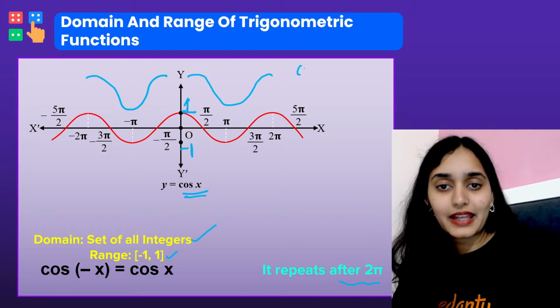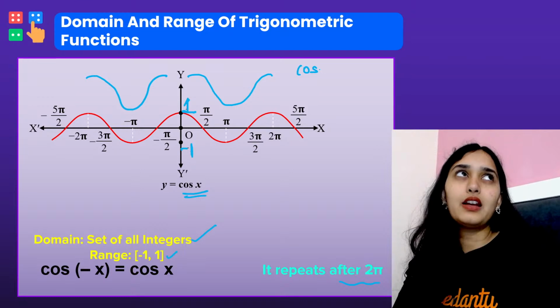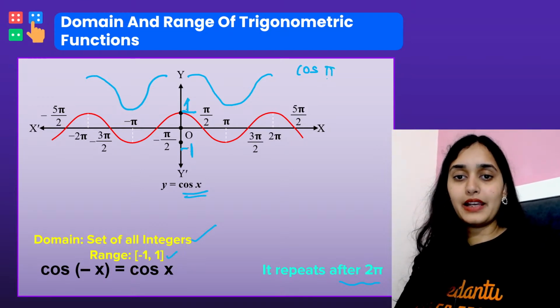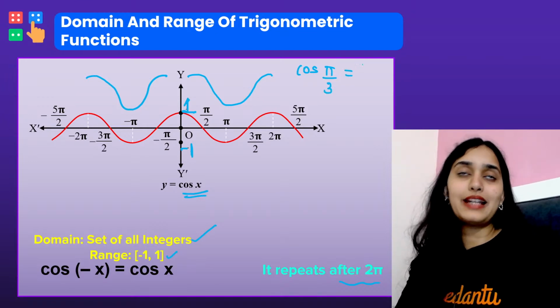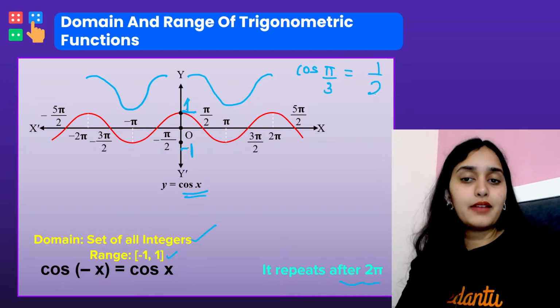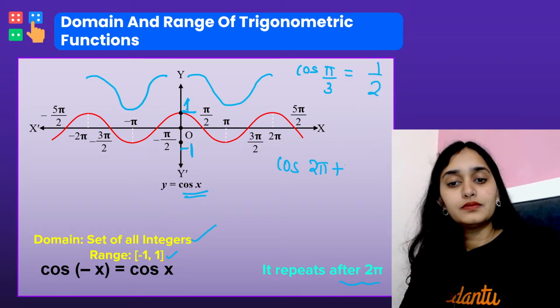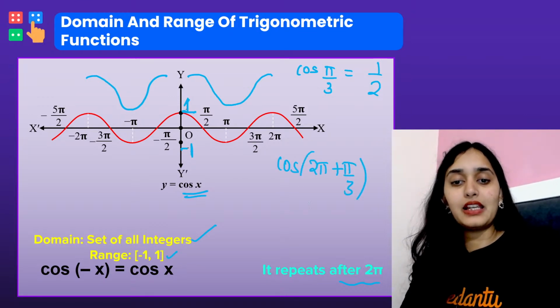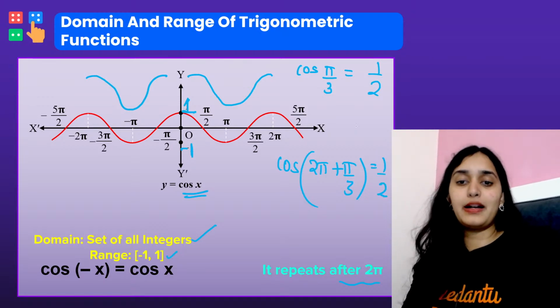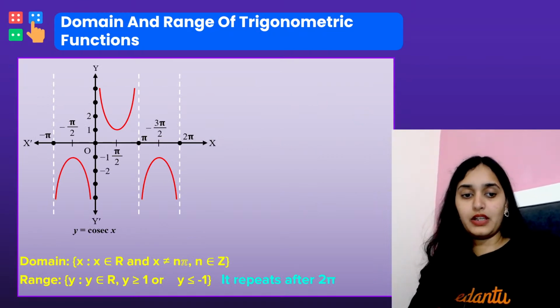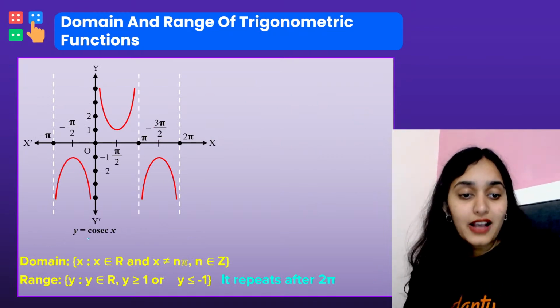Once again, let's say cos of pi by 3, that is cos 60 degrees, is 1 by 2, then cos of 2 pi plus pi by 3 will also be 1 by 2. So after every 2 pi angle, cos will repeat.